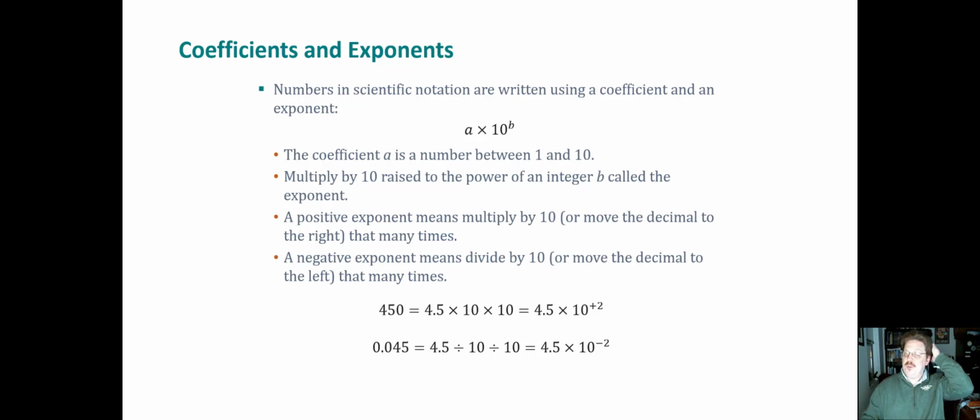Let's return to our example of 1 billion. It's 1, comma, and then 9 zeros. You have 1, comma, 9 zeros, and a decimal point.